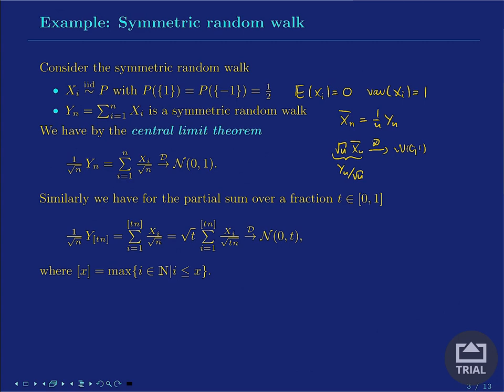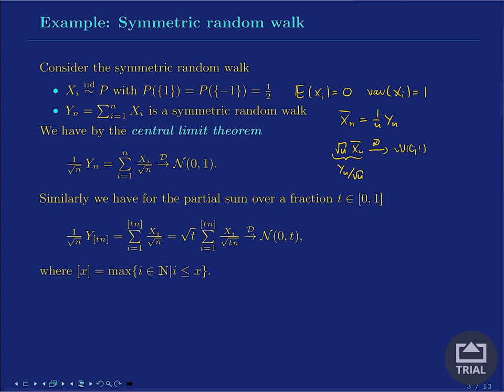So we can express that. If we denote the largest integer smaller or equal to x by this square bracket of x, then we have tn being the exact fraction of n. However, we are only allowed to use integers here in our symmetric random walk, as we cannot sum half of a random variable.